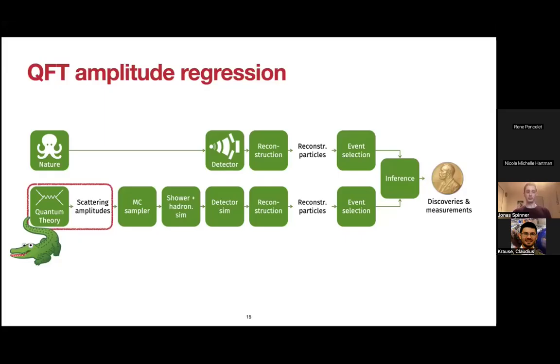So I'll start with amplitude regression. Here the task is that for your Monte Carlo sampler, you want to very quickly evaluate QFT amplitudes. The problem is that if you have higher order corrections, then at some point you will have expressions that you have to evaluate numerically, like polylogarithms.